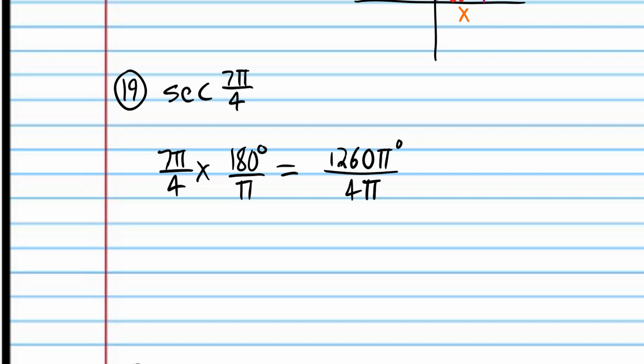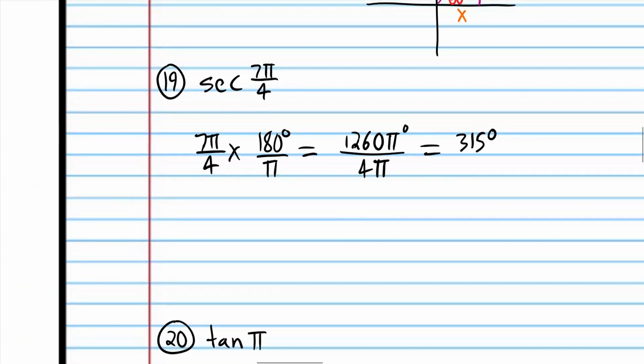And we divide 1260 by 4, we get 315. And the pi's obviously cancel out. So secant 7 pi over 4 is the same thing as secant 315 degrees, and we can see that this is a multiple of 45 degrees.